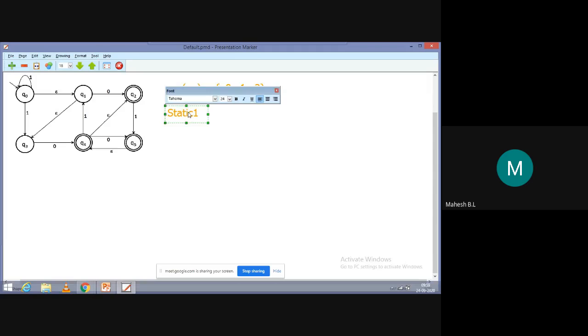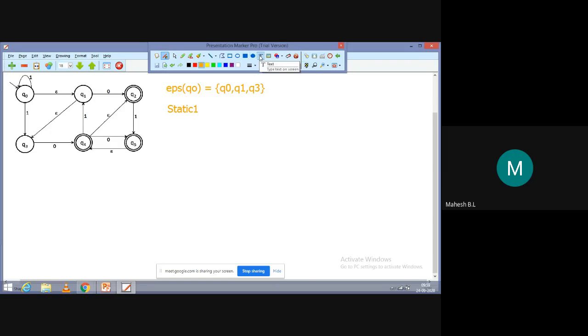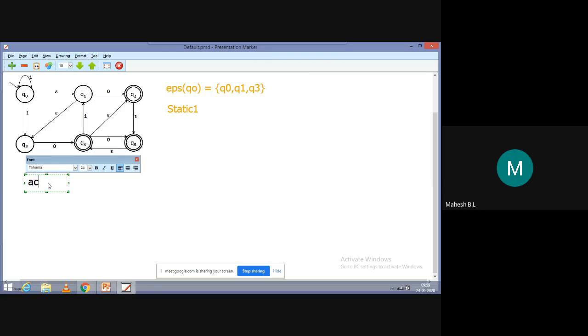I need to compute the other states. We computed the starting state. Next, there is one more set, which is called the set of active states.